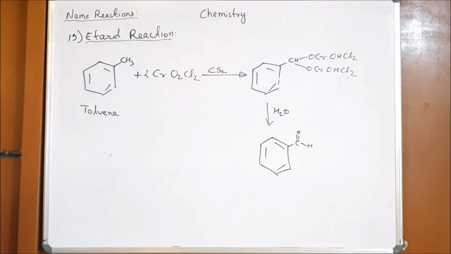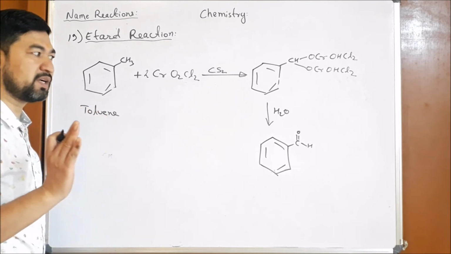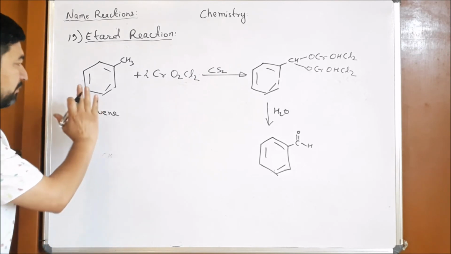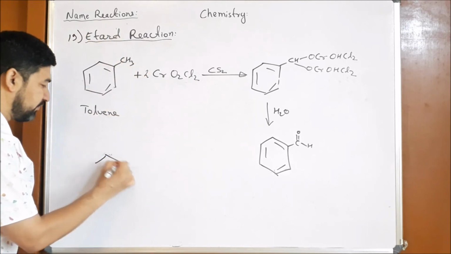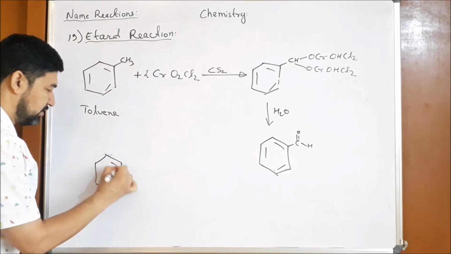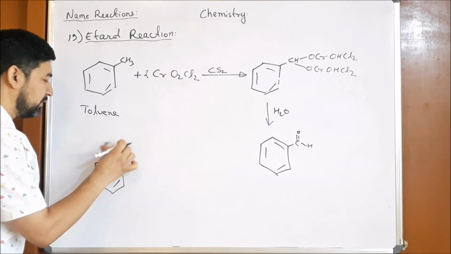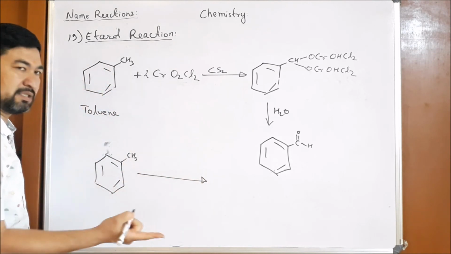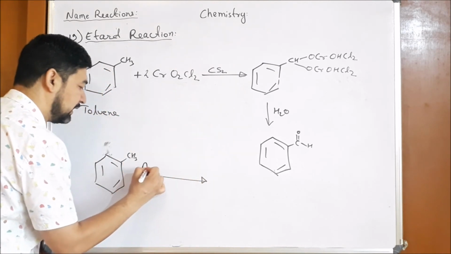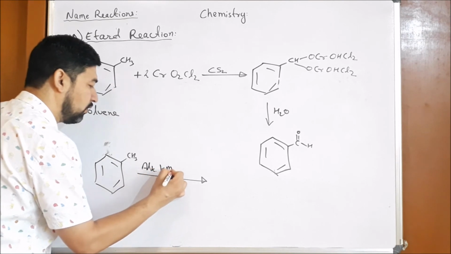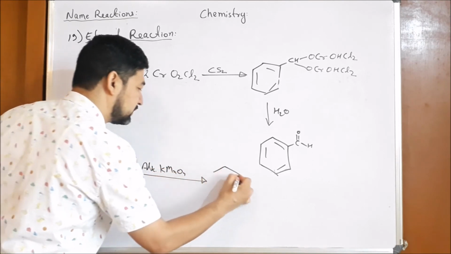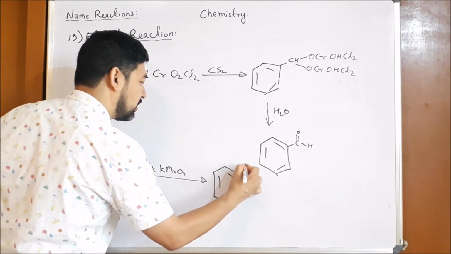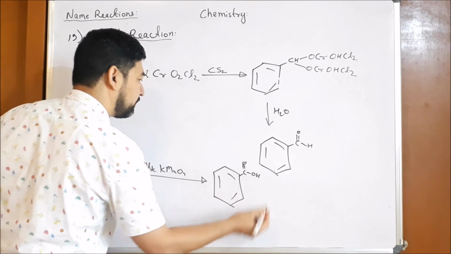Now remember that this is a partial oxidation reaction. In another reaction, if we treat this CH3 group with a strong oxidizing agent like alkaline KMnO4, we know that complete oxidation takes place and it forms the carboxylic acid group.